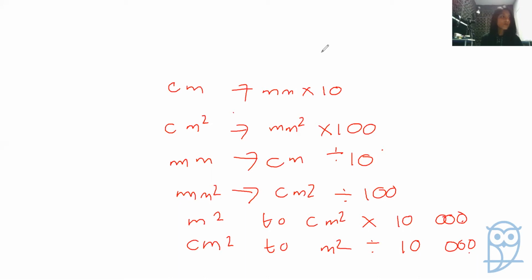Okay, so let's work with a few examples to see if we understand what we just learned about converting. If I have the number 25,000 millimeters square, how would I convert this into centimeters square?